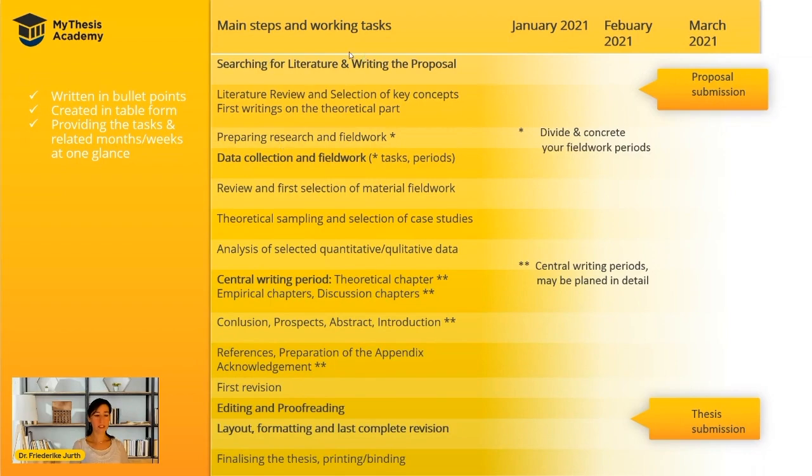What is special is that you have the main task in a highlighted version, and then as a subcategory you have the different tasks that are part of the section. So you have mainly the research for literature and the proposal writing.